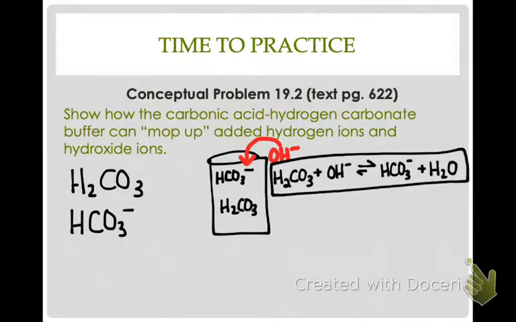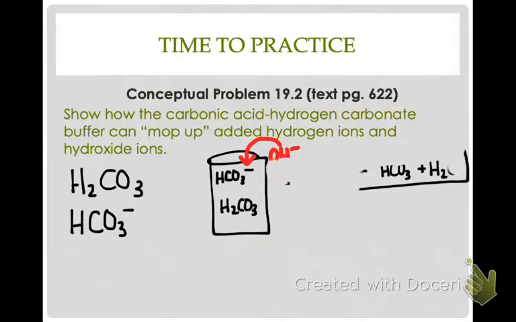Now let me show you what happens when we add an acid. So let me erase what we just did and change this to adding the hydrogen ion, sorry, not hydroxide. And you can probably guess what the reaction is going to look like here.